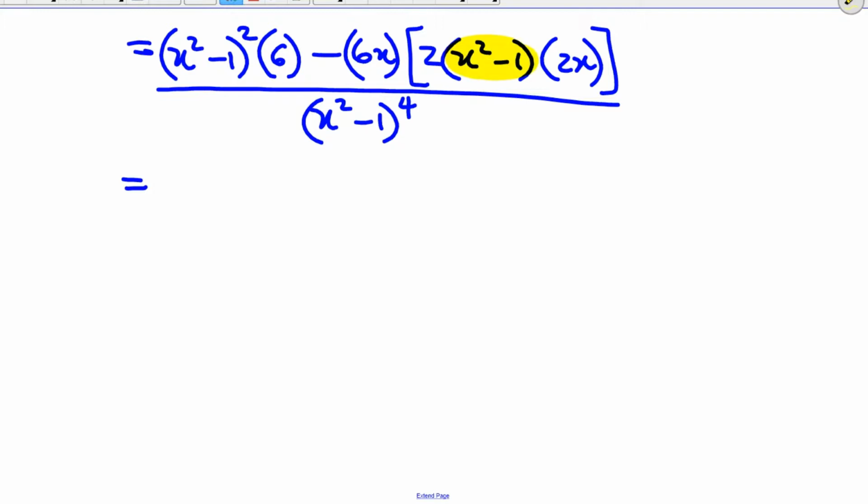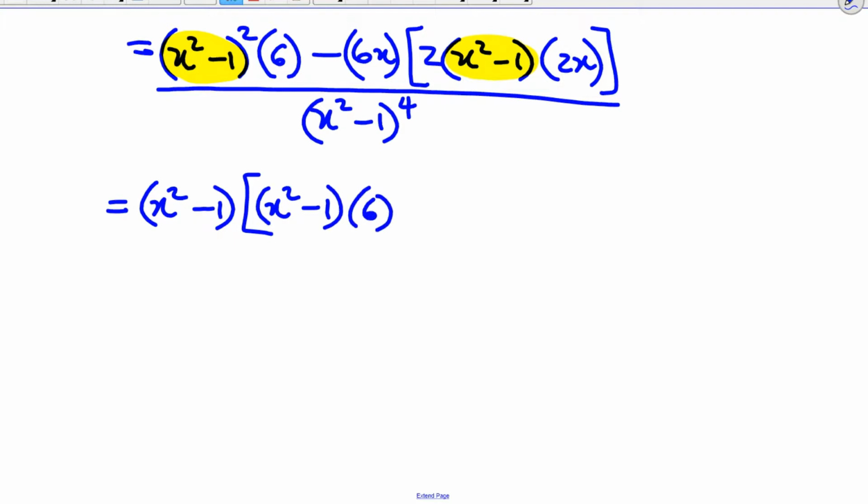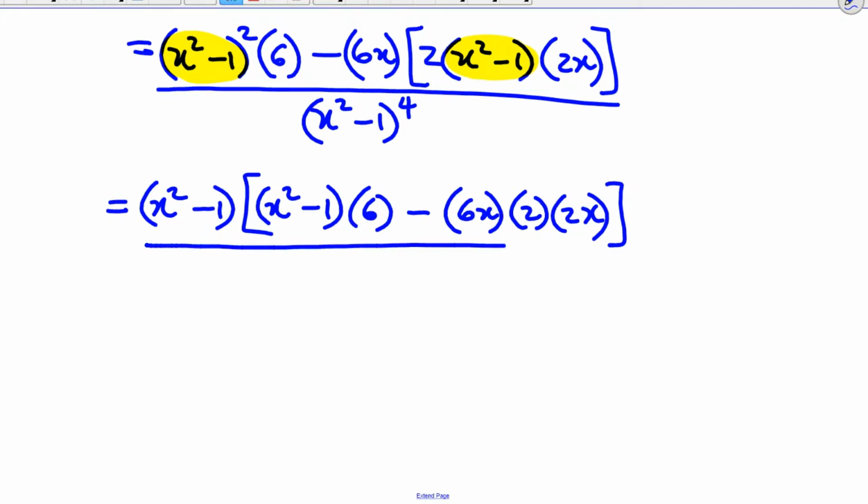We can take out x squared minus 1, which means I'll end up with (x squared minus 1) into the bracket (x squared minus 1) multiplied by 6, minus 6x, multiplied by 2 and 2x left, all this over (x squared minus 1) to the power 4.